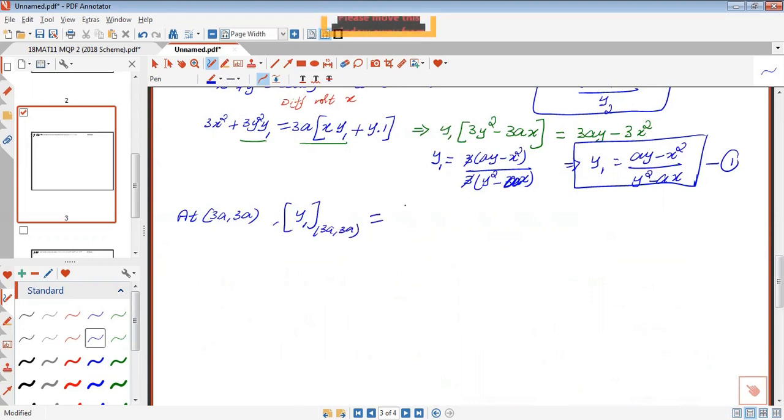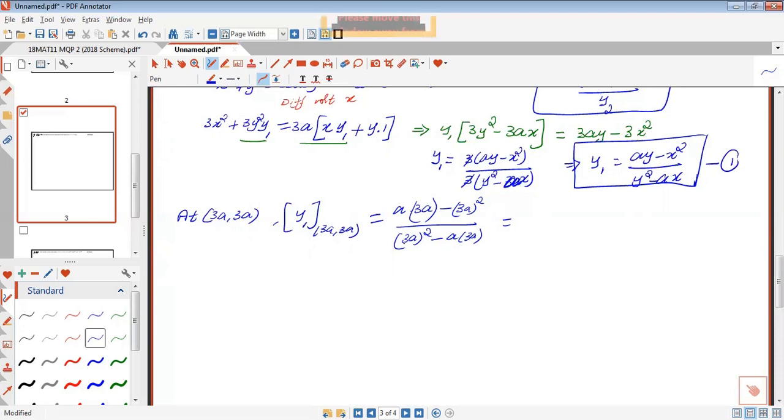Put the value of x and y as 3a, a times 3a minus 3a the whole square divided by 3a the whole square, y square minus a times 3a, right? Here just you can take minus sign out from the numerator or else denominator, other terms are same, right? That is 3a square minus 9a square.